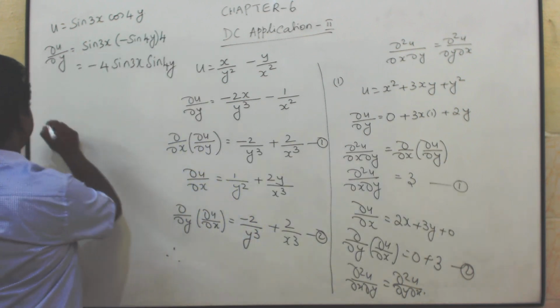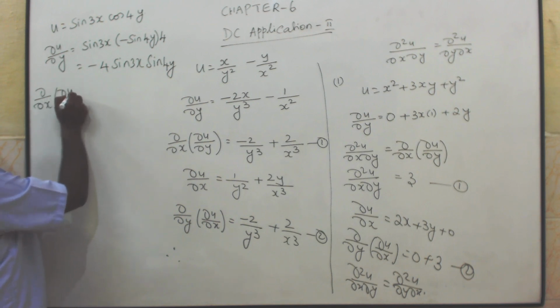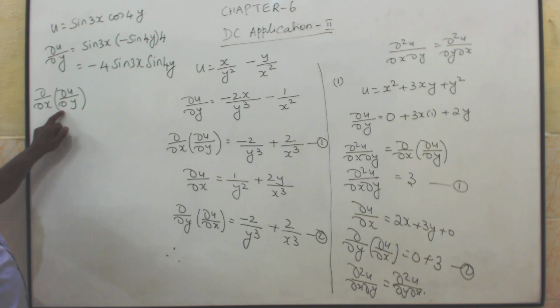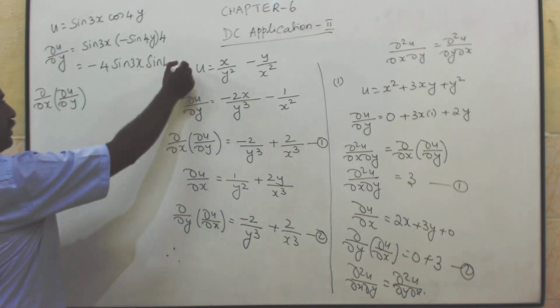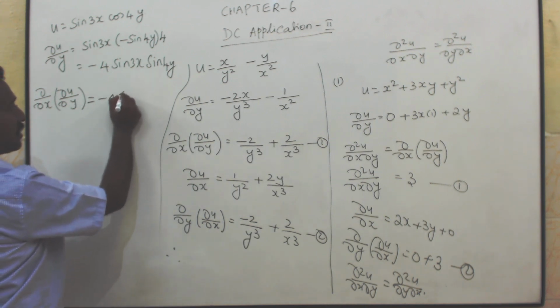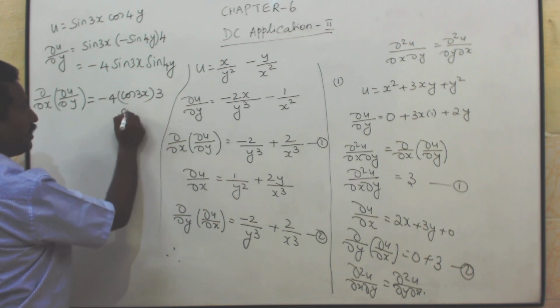Then this answer, differentiate with respect to x. Dou u by dou y. With respect to x, y is constant, only you have to differentiate sin. Differentiation of sin is cos 3x into 3 sin 4y.